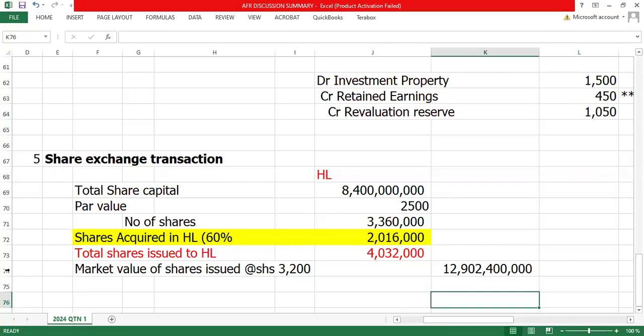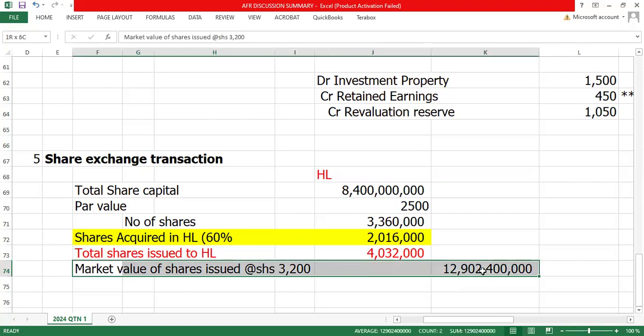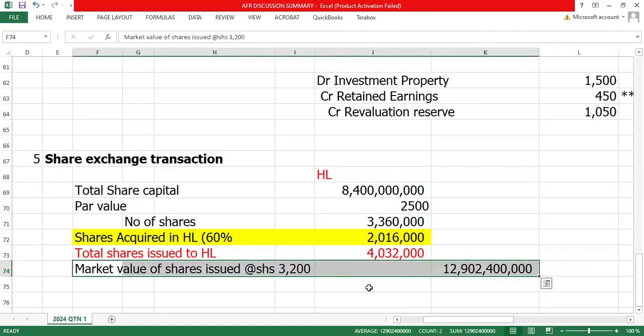Now, this is like investment in HL, because you paid cash and at the same time you issued shares to HL because of the share exchange. So that is part of the investment in HL.